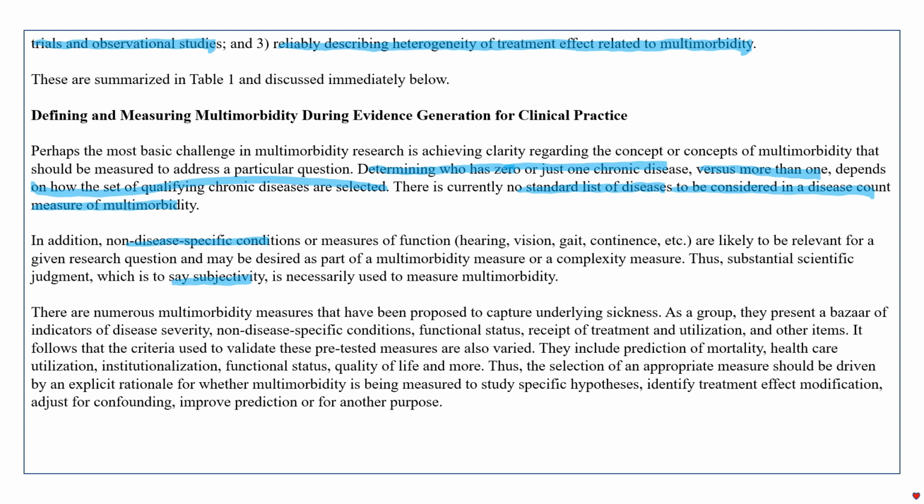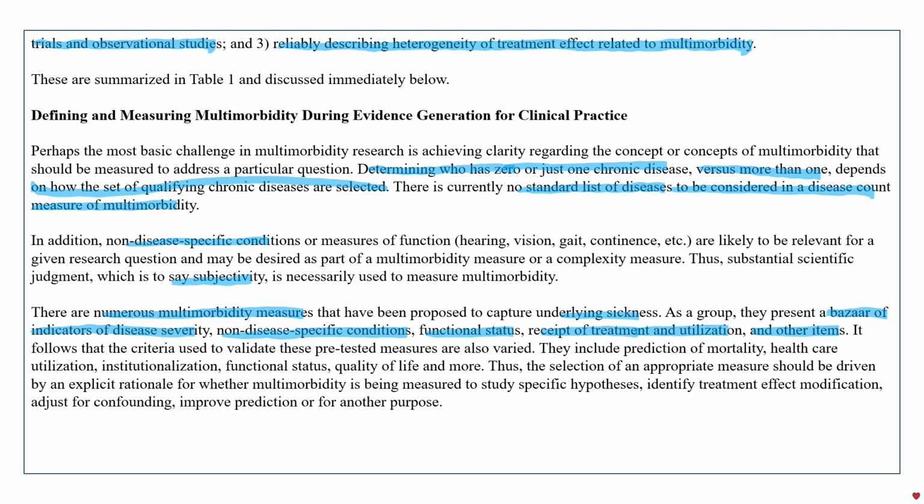There are numerous multimorbidity measures that have been proposed to capture underlying sickness. As a group, they present a bazaar of indicators of disease severity, non-disease specific conditions, functional status, receipt of treatment and utilization, and other items. It follows that the criteria used to validate these pre-tested measures are also varied.